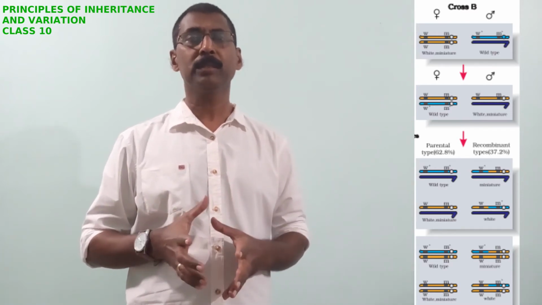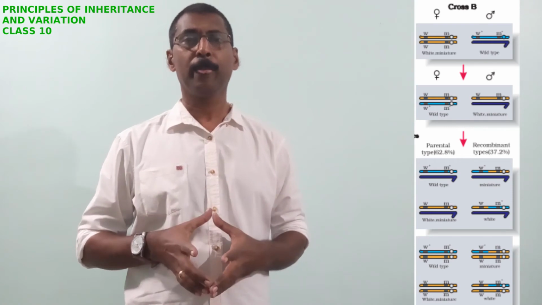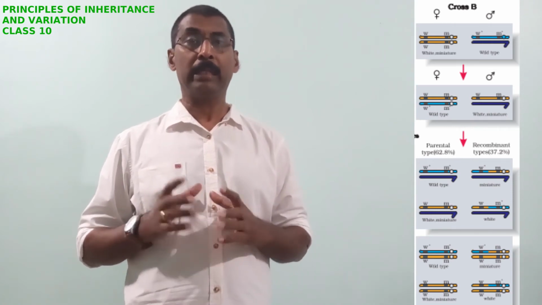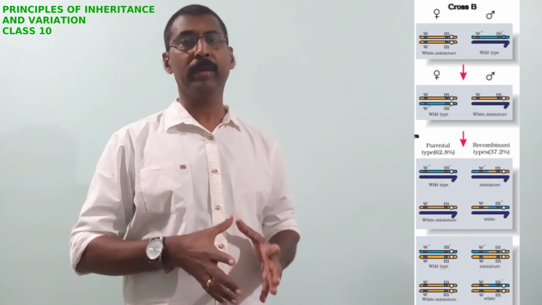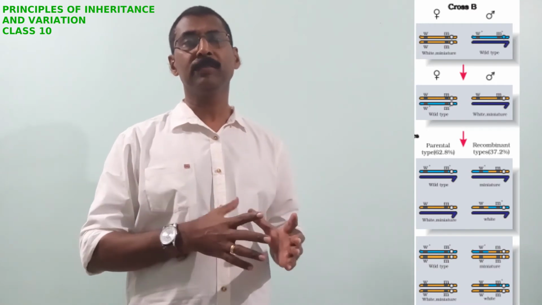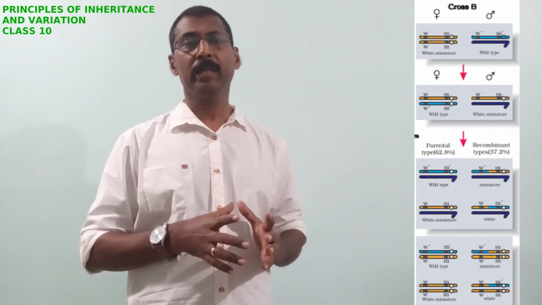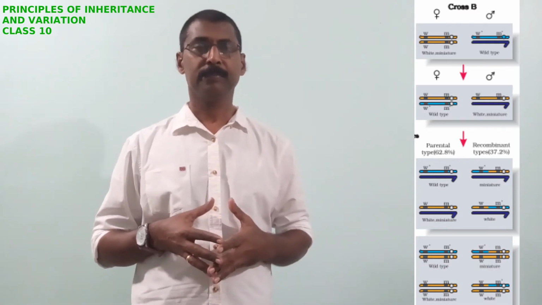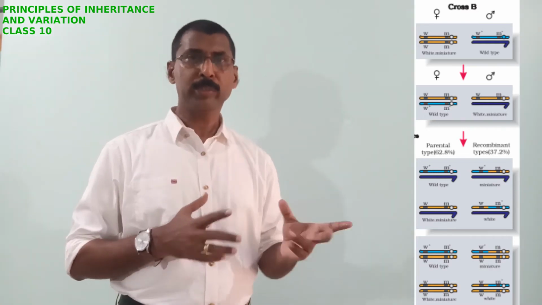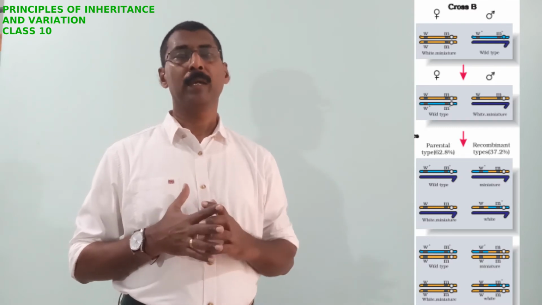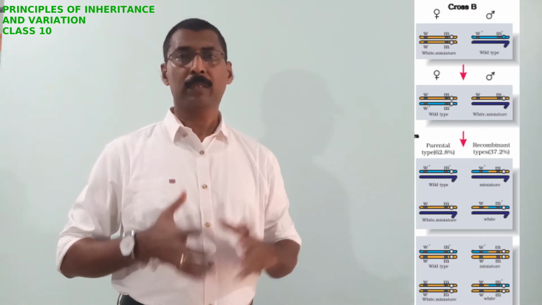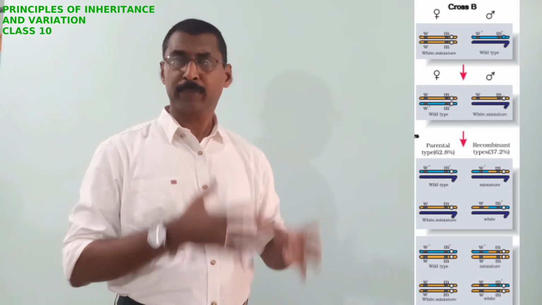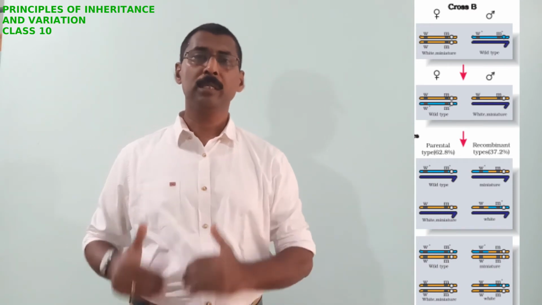F1 females were with the red eye and long wing, and males with the white eye and miniature wing. He crossed these two in the F1 as usual. The F1 females were crossed with the F1 males and produced the F2.